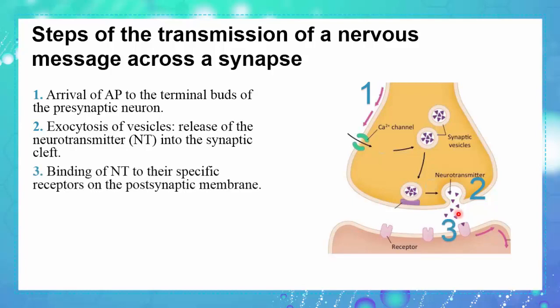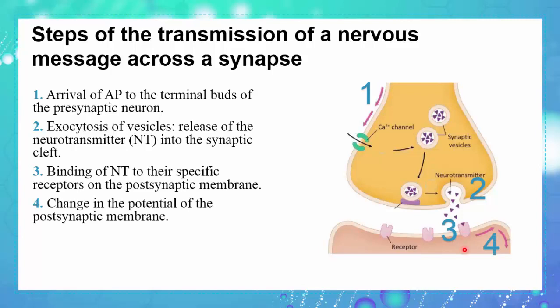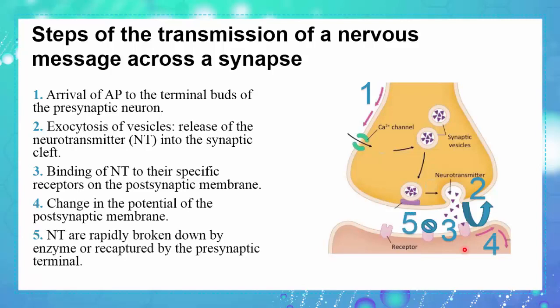Third, binding of neurotransmitters to their specific receptors on the postsynaptic membrane. Fourth, change in the potential of the postsynaptic membrane. Fifth, neurotransmitters are rapidly broken down by enzymes or recaptured by the presynaptic terminal.